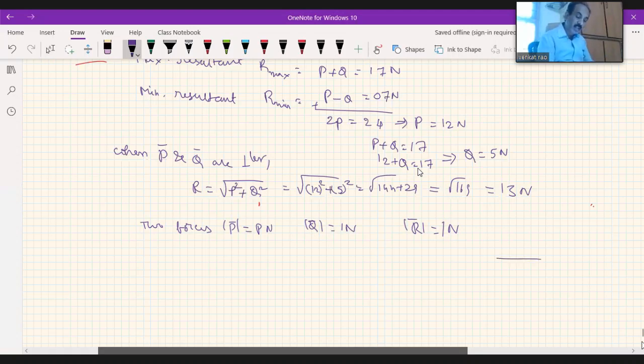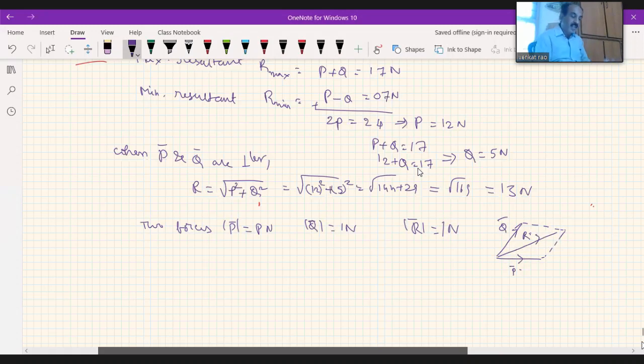This is a vector P bar. Suppose I will draw the vector here. This is Q bar, this is R bar.